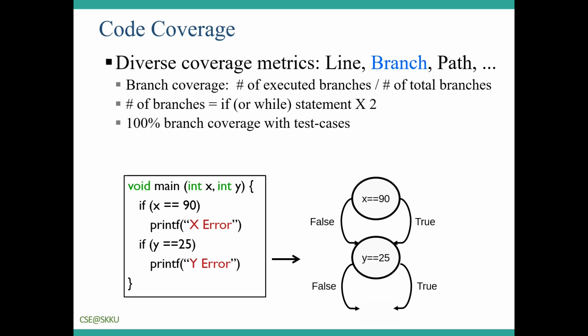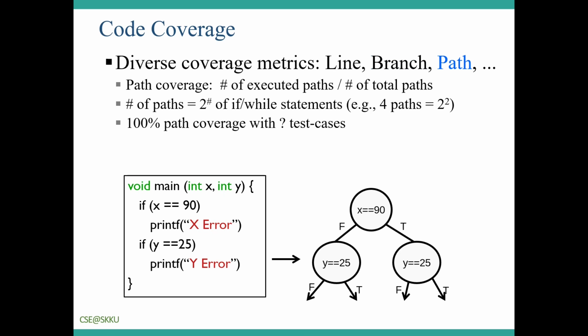This covers both false branches. Of course, there are other combinations that would also achieve full branch coverage. For example, x equals 90 and y equals 0, and x equals 0 and y equals 25. These all cover all branches, just in a different order.